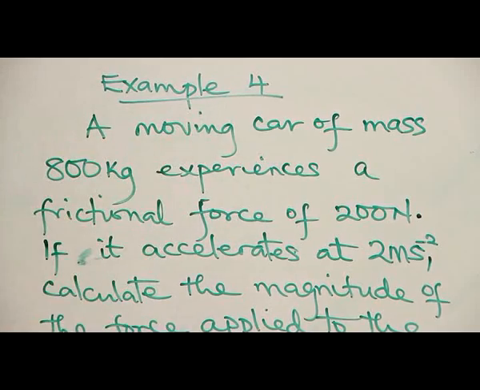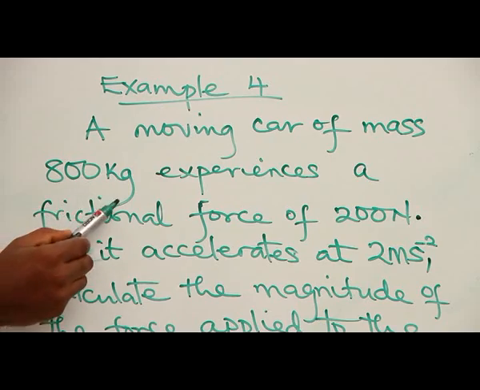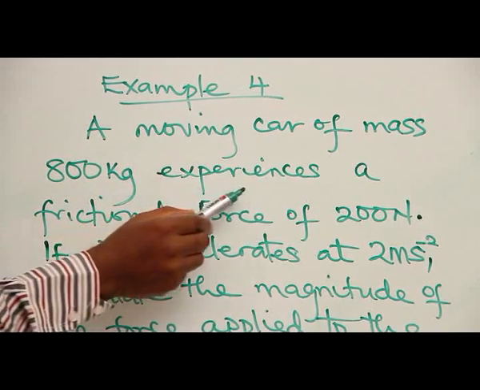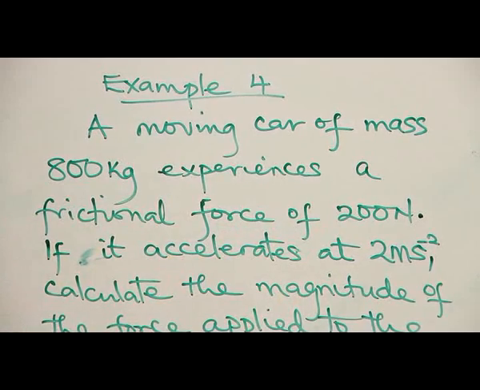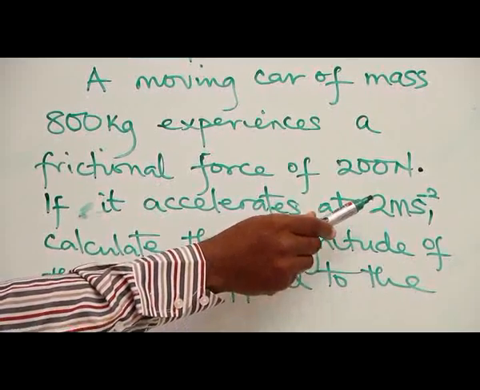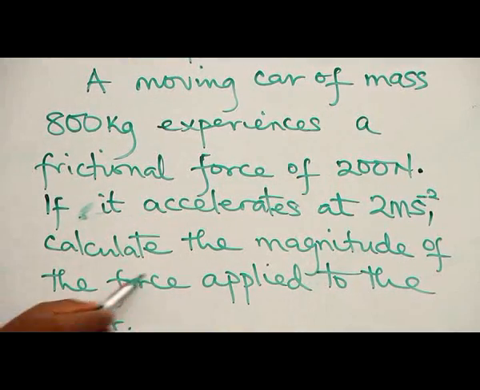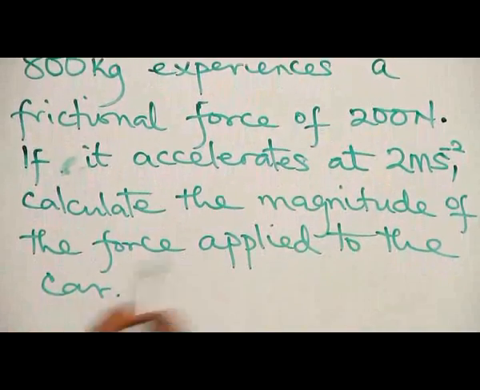Example 4. A moving car of mass 800 kg experiences a frictional force of 200 Newton. If it accelerates at 2 meters per second squared, calculate the magnitude of the force applied to the car.